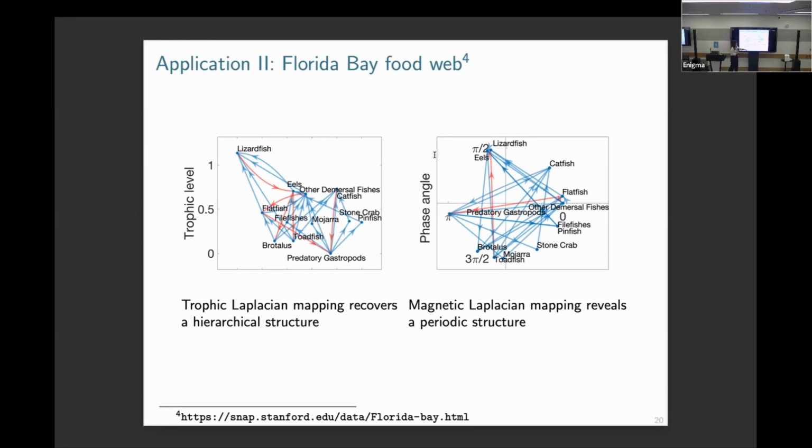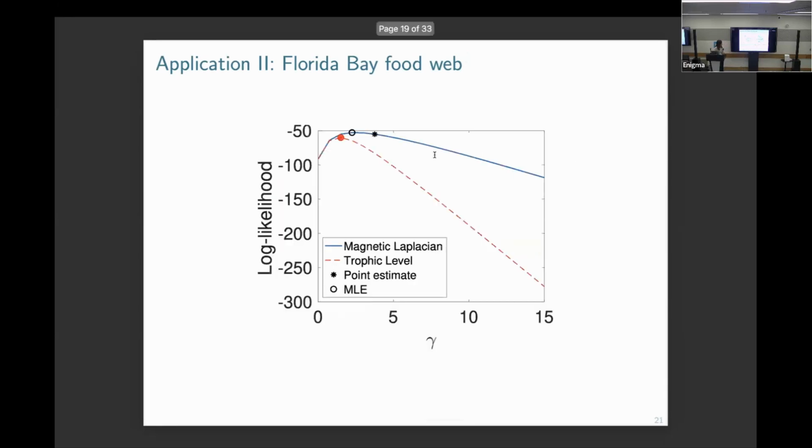And using the magnetic Laplacian, we can find some interesting directed clusters, some directed triangles. The blue edges represent edges that align with our assumed structure, while the red edges point in the reverse direction. In this case, the magnetic Laplacian is able to produce more coherent edges with the structure we assume. And we plot the likelihood, which agrees with the previous observation as well.